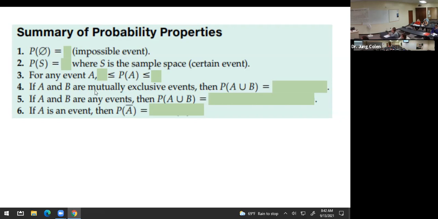Jalen, if A and B are mutually exclusive, so there's no overlapping part, what is the probability of the union of those two events? You can separately find the probability of each event and then just add them, because there's no overlapping part, the intersection is 0.